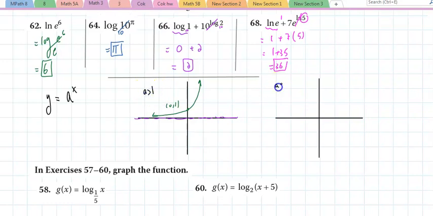And if the base is between 0 and 1, then it's going to be exponential decay.